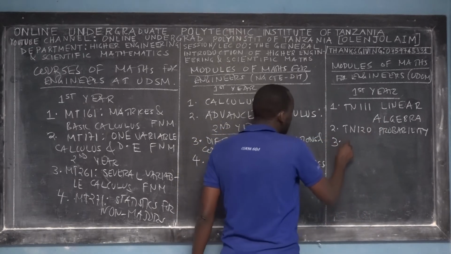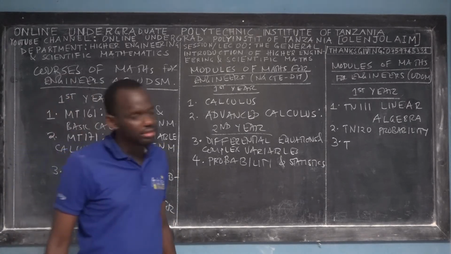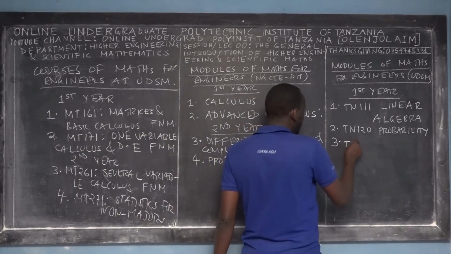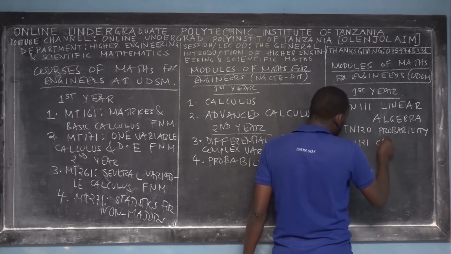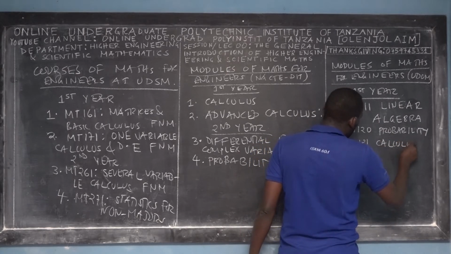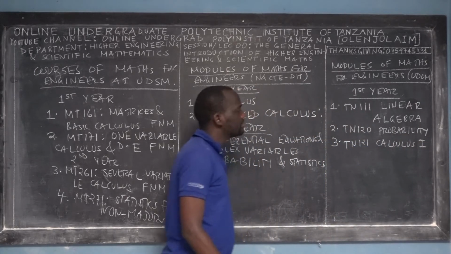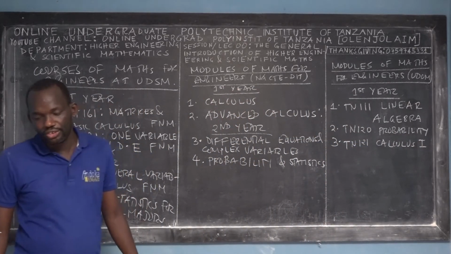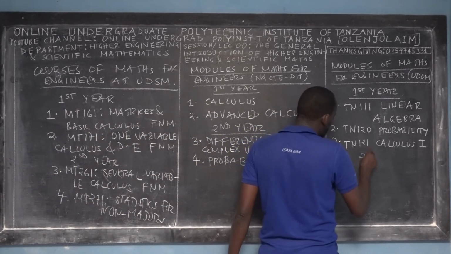Afterwards we will teach you TN 121, which is called Calculus 1. Calculus 1 will be covered in the second semester of the first year, so that will be the end of the first year.